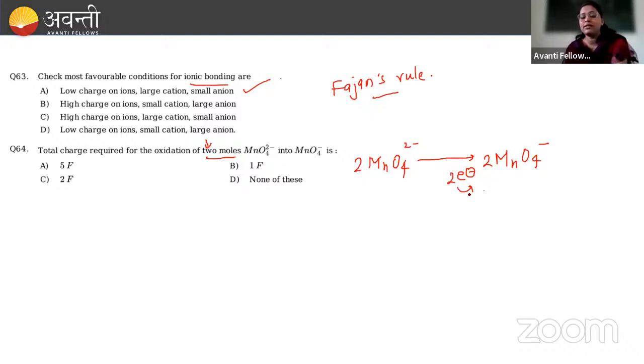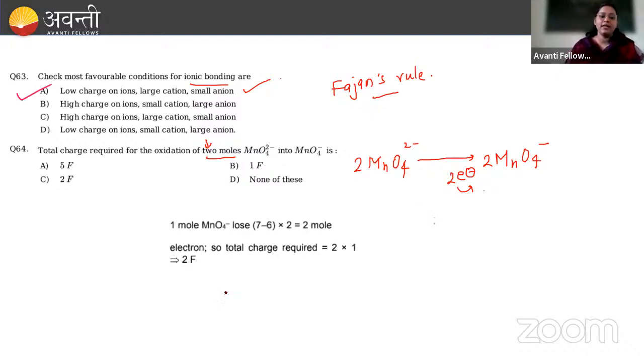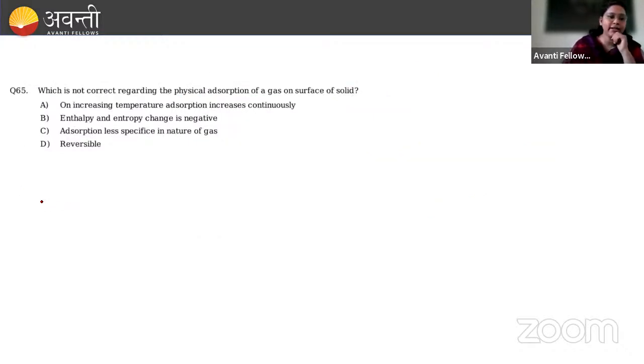So we need to consider a 2 electron change. Now for 2 moles, the total charge required will be 2F. Any doubt in this? So here the answer will be option C.